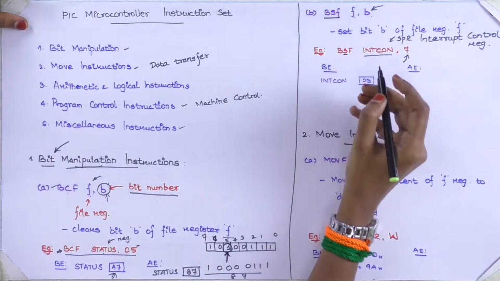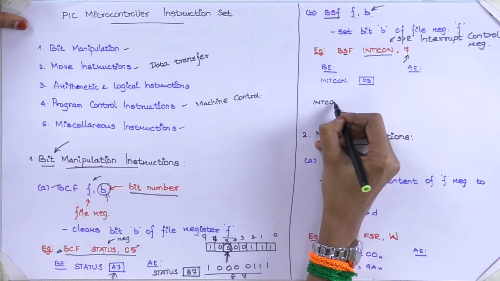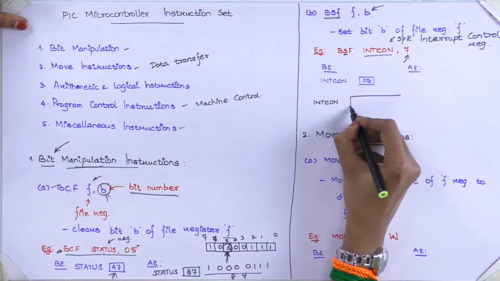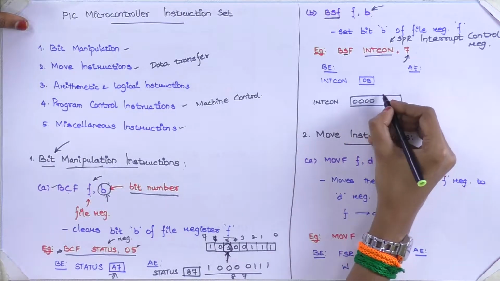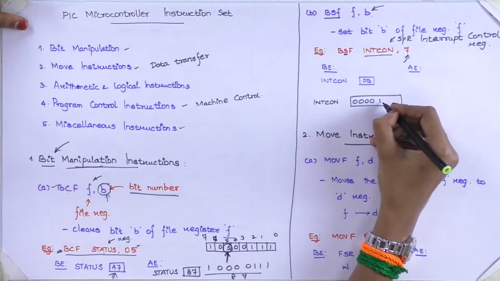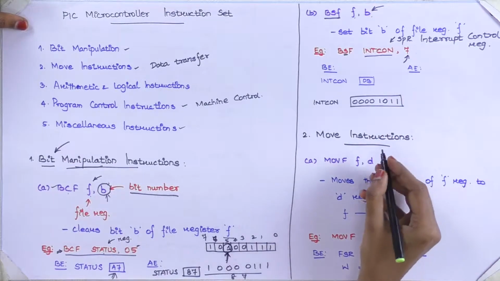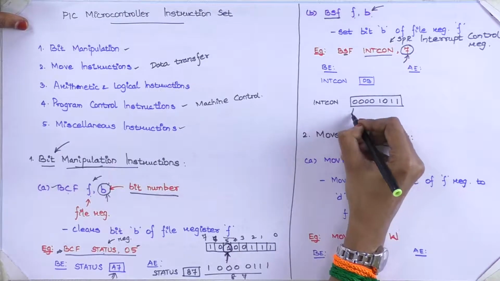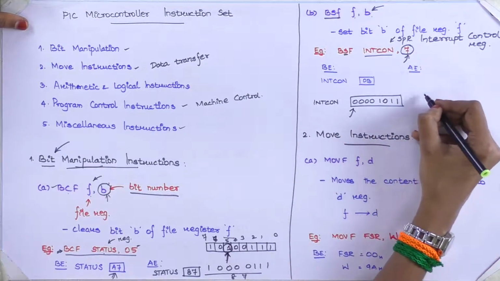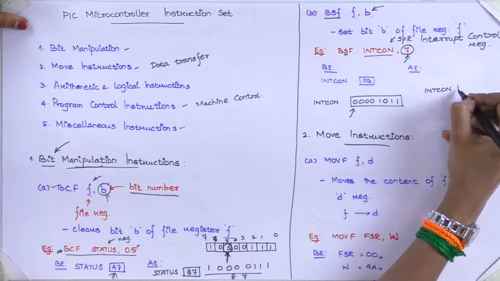So before executing this instruction, INTCON is having the value of 0B. Okay. So what we are supposed to do, we are supposed to set the 7th bit. The 7th bit is nothing but this last bit. So when we set this, what value will be there in the INTCON register?